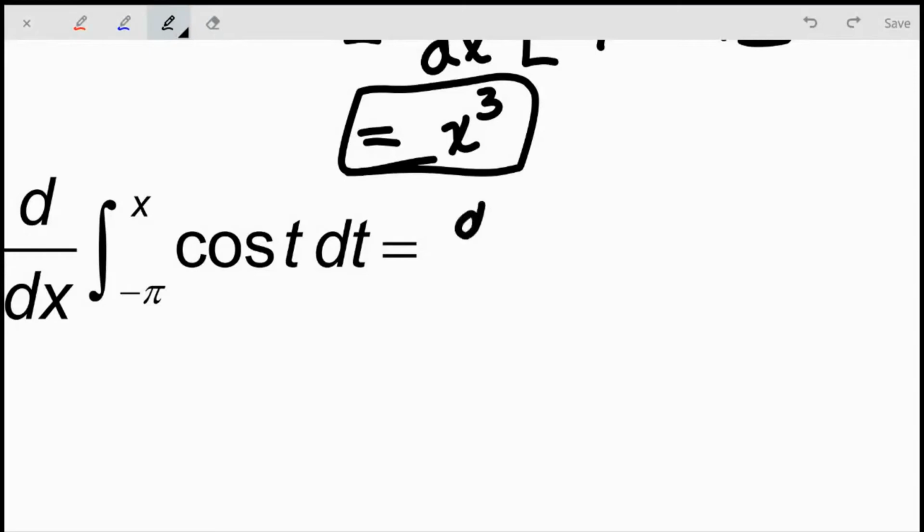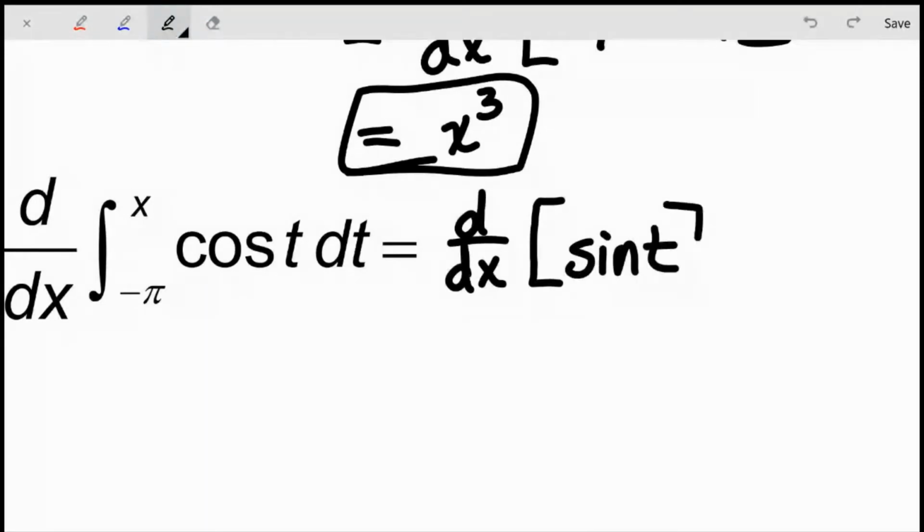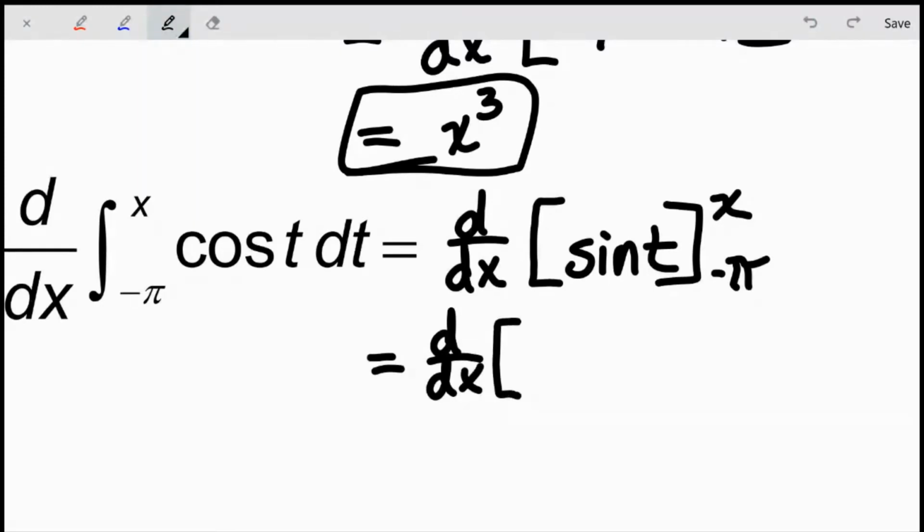Well, if I were to take the antiderivative here, you can see that the antiderivative of cosine is sine, and we would evaluate that from negative pi to x. So in the end here, I'm taking the derivative with respect to x of the sine of x minus the sine of negative pi.